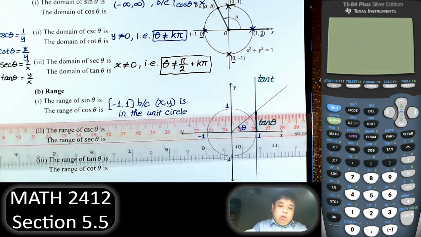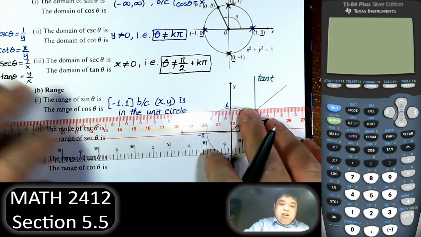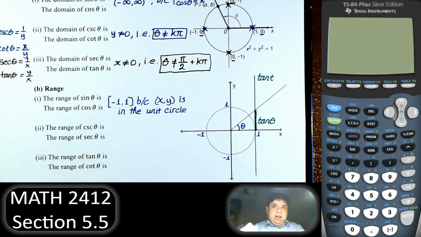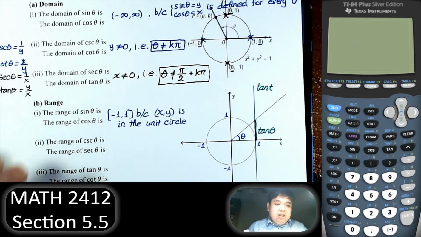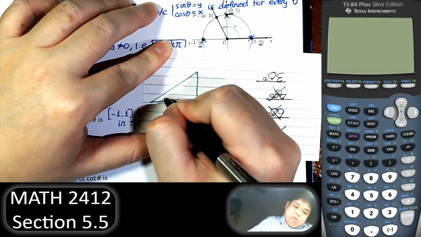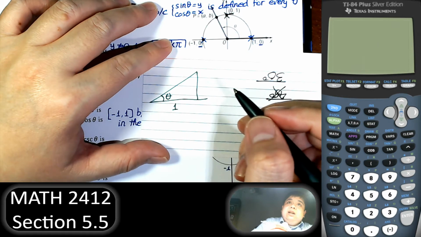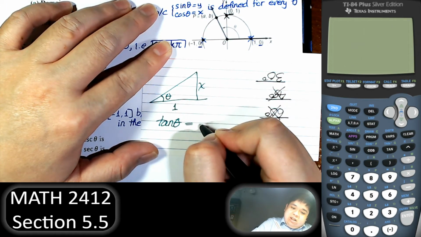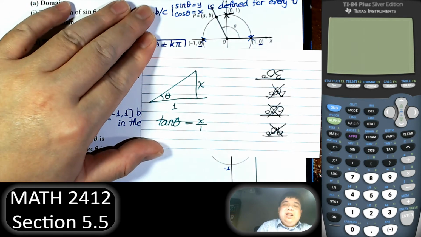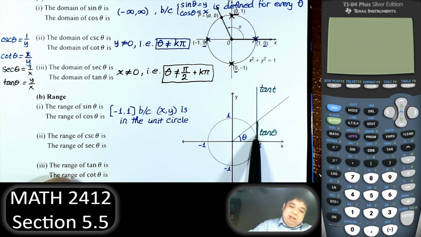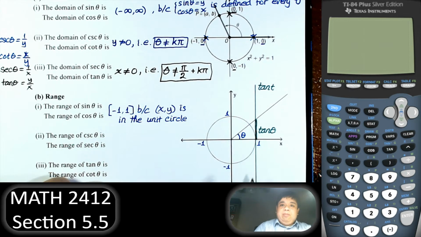Why is that? Well, this is 1, this is theta. We write tangent of theta is equal to whatever this is over 1. So that's why we have tangent of theta is that length, which is the tangent line to the unit circle.